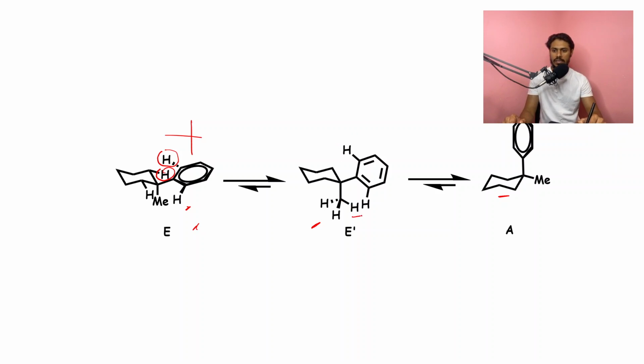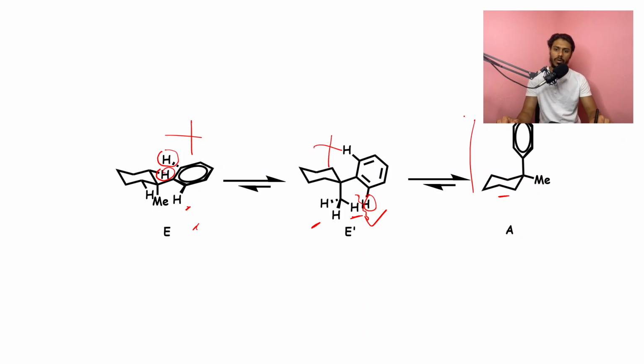In this case, if methyl were not there, then this would be more stable, but because the methyl group is there, this ortho hydrogen is interacting with the hydrogen atom of the methyl group, so there is a steric clash. That's why this is also not the most stable conformation.